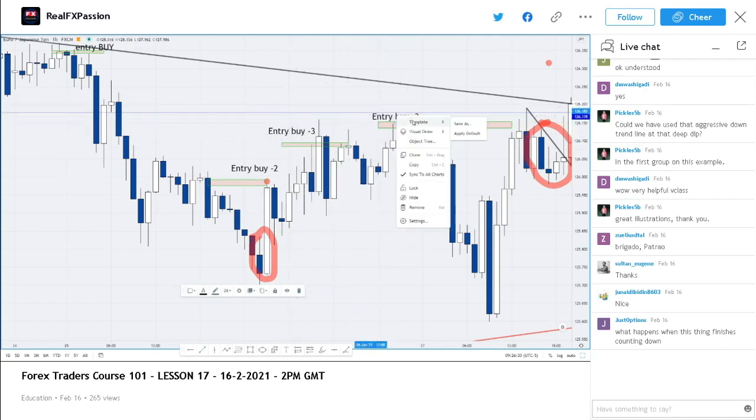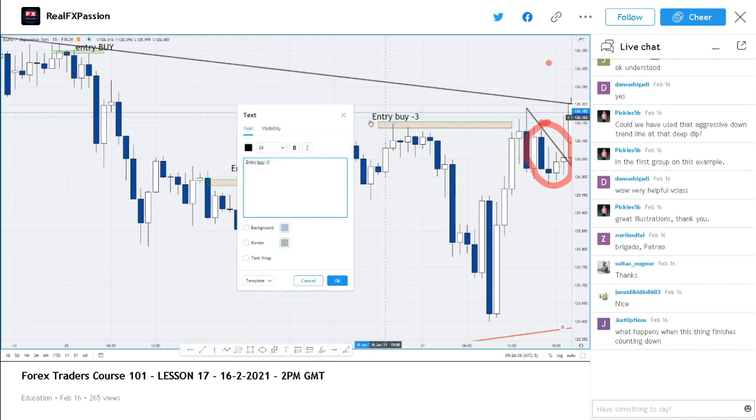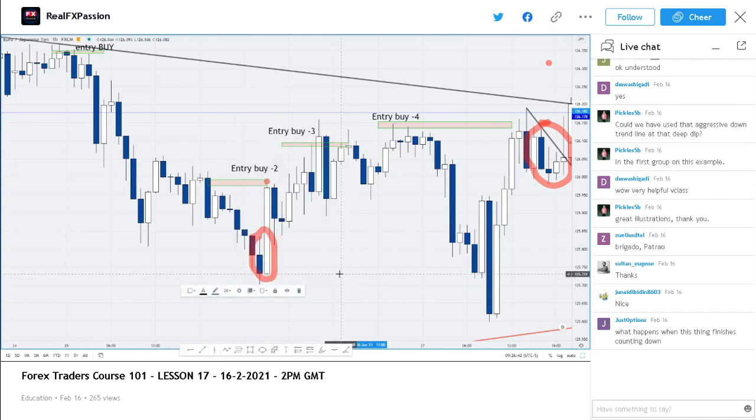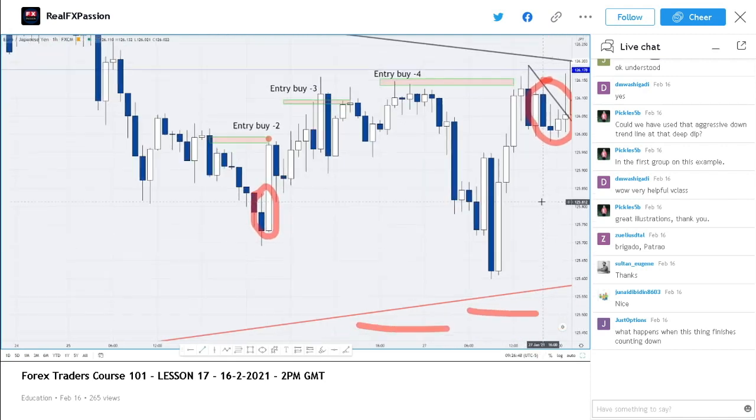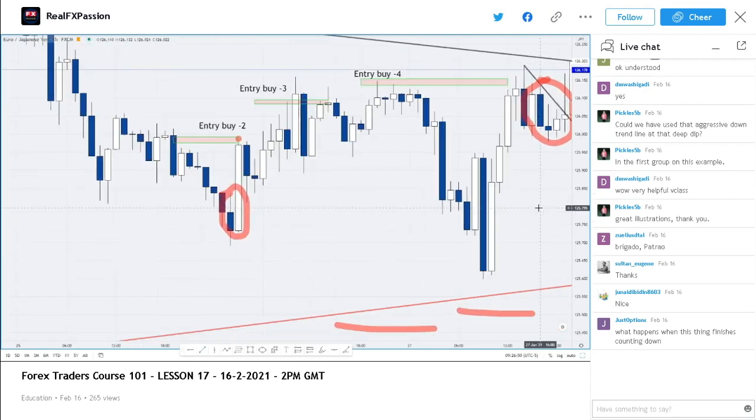Passion, why are you entering on every counter trend line break? Answer: because I want you to see that if you put the stop loss below the trend line, you are going to win until the market breaks the trend line. Okay, everybody? I have a question on the email.